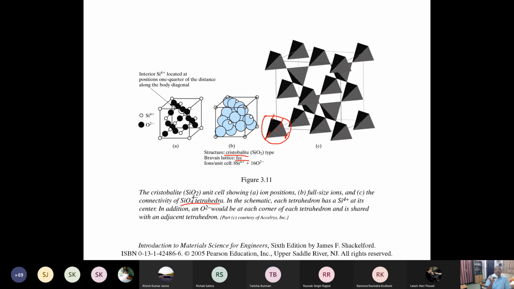That makes SiO4 4 minus. So this is the tetrahedron. Oxygen at 4 corners, and in the center of the tetrahedron, I have a silicon ion, these black balls. So in face-centered cubic, at each corner, I put a tetrahedron, and at each face-centered position, I put a tetrahedron.